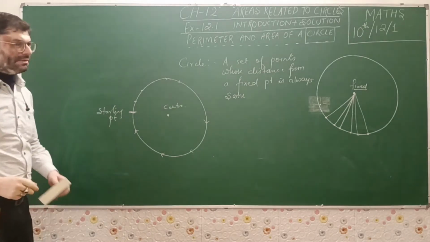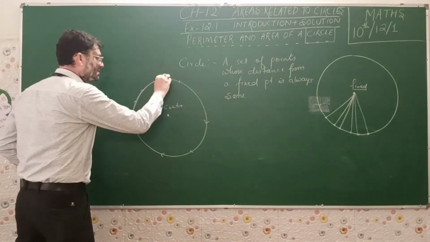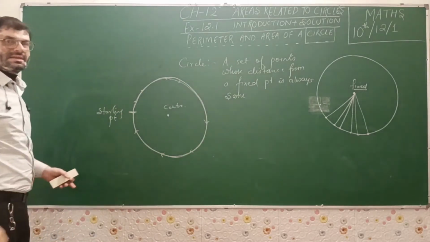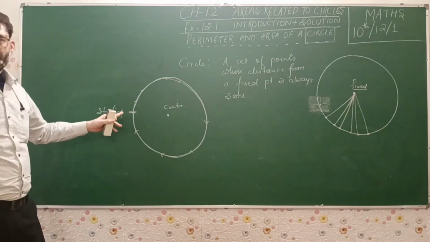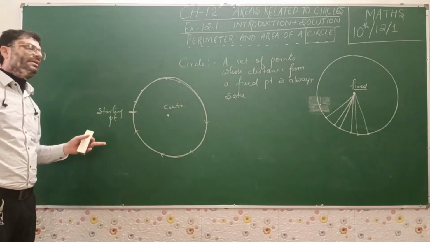The distance covered in one complete round is called the perimeter of a circle.